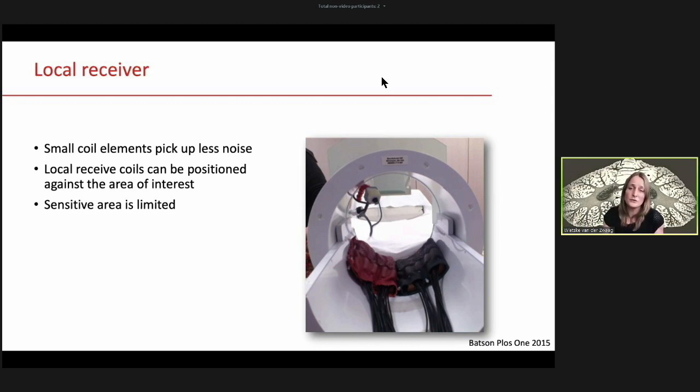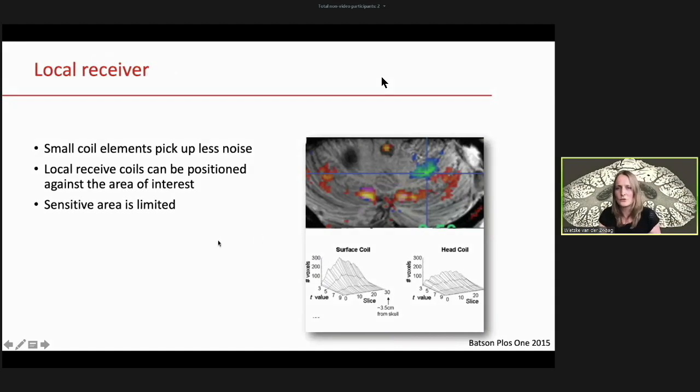The advantage of using such small local coils is that because they are small, they can be very close to the head, and that way they pick up a lot less noise because they're not sensitive to the empty space inside the coil. But again, being local, it means that their sensitive area is limited. You can see the cerebellum, maybe the brainstem, but then not a whole lot more. And this is, of course, not always convenient.